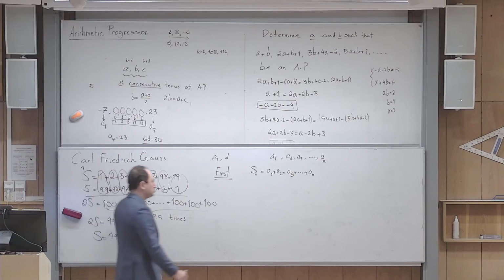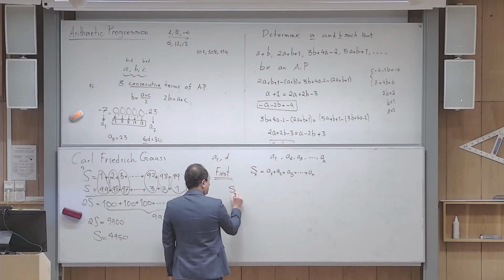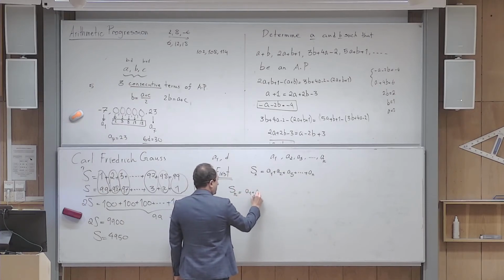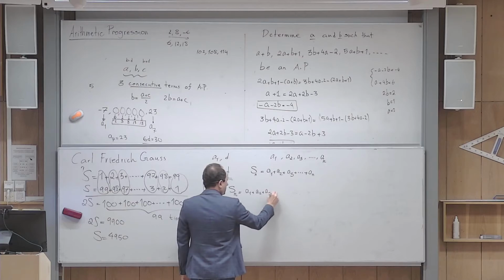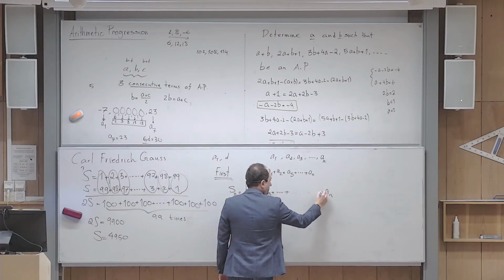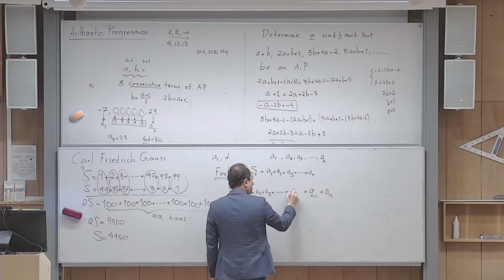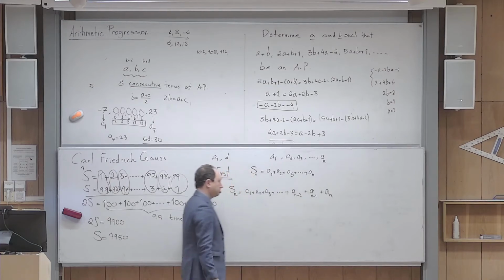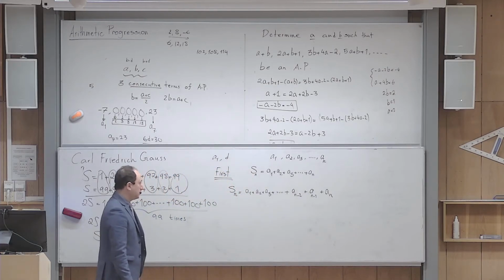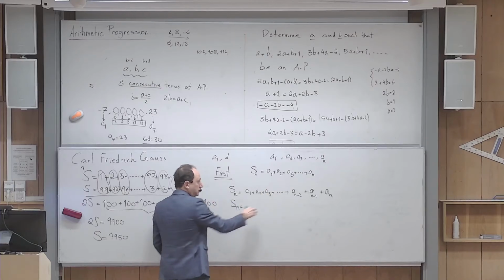Okay, so if you don't mind, let me write Sn here. So this is a1 plus a2 plus a3. And I want to continue until an to understand the pattern. The previous one is an minus 1. The previous one is an minus 2. Yes? And then again, I use his method. So I reorder them.